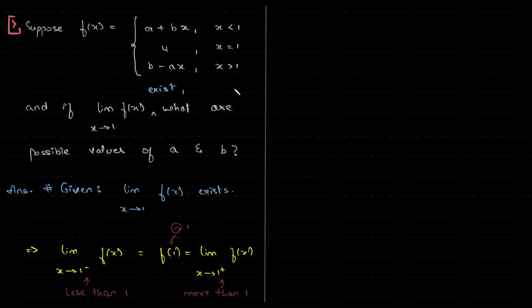For the first one, obviously, limit x tends to 1 from the left hand side is a plus bx. So this is equal to 4 because f of 1 is 4, and limit x tends to 1 plus, that is on the right hand side, it's b minus ax. Does it make sense?